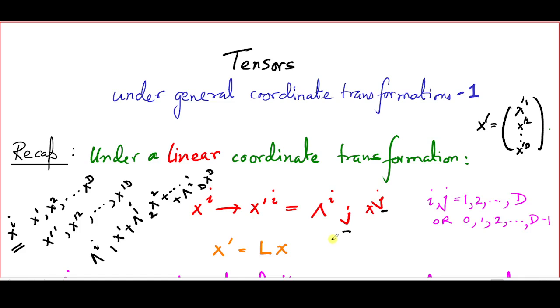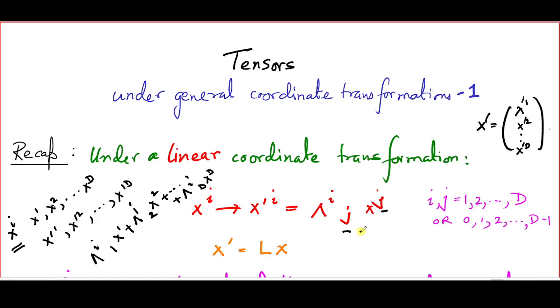When you multiply a matrix by a column vector, or apply a matrix on a column vector to be more precise, then you actually sum up over the column index of the matrix with the only index which the column vector has. You put them together and add them up.